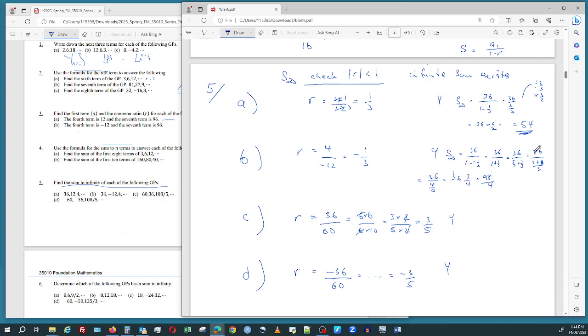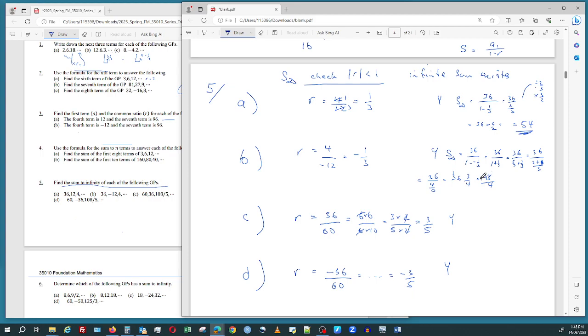4 goes into that once with 1 left over. Oh, I made a mistake there somewhere. 1 1/3, 4/3. 36 divided by 4/3. 36 times 3 over 4.